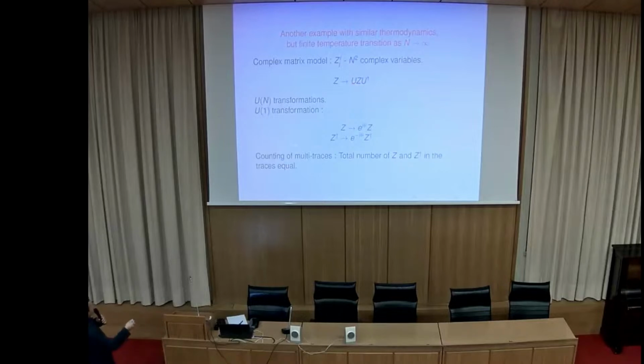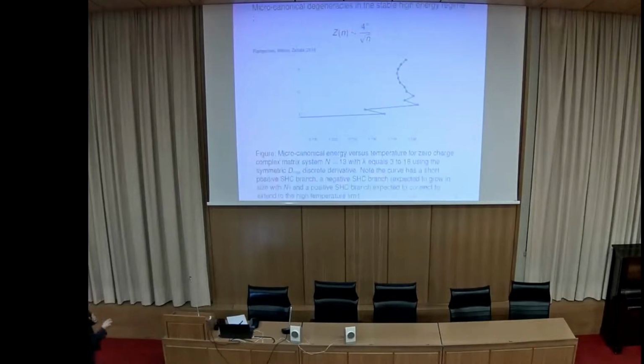So it's essentially a two-matrix problem, but we know the two-matrix problem leads to e to the k log 2. But if you put the condition that the number of Z's is equal to the number of Z daggers, so neutral under this U(1), there's a reduced counting. It looks like that as a function of energy and little n, but it's corrected by 1 over root n. So it's precisely the kind of correction that leads to negative specific heat.